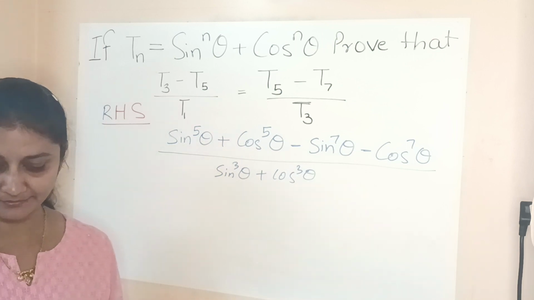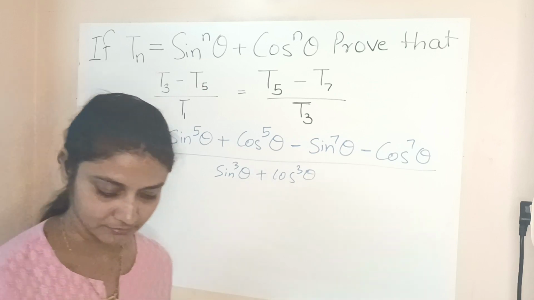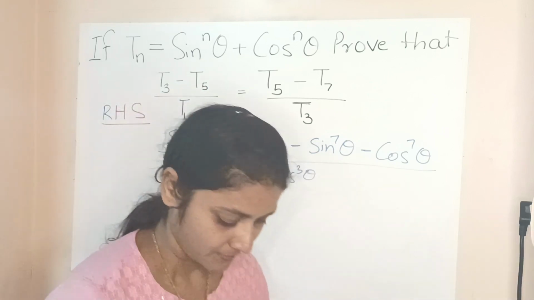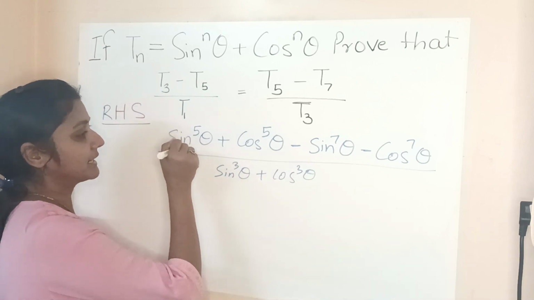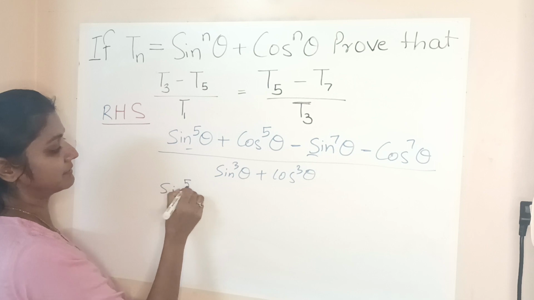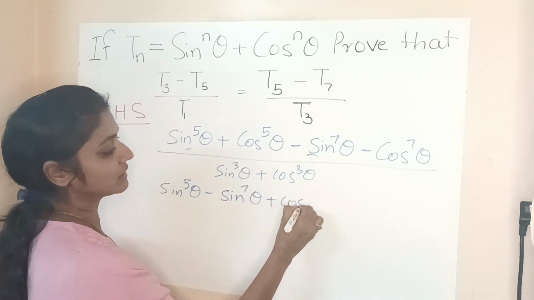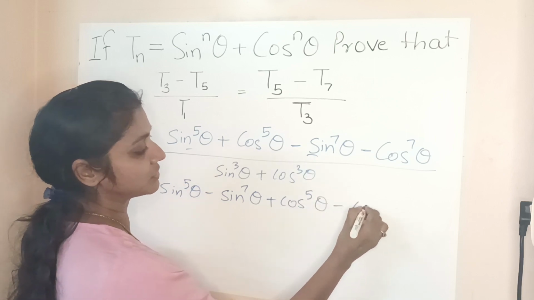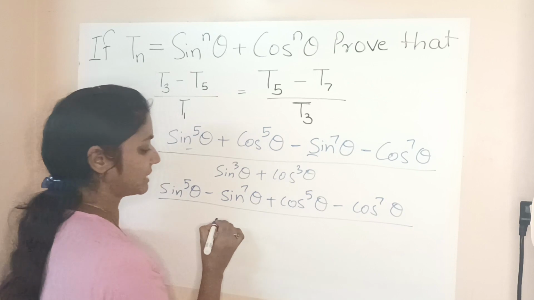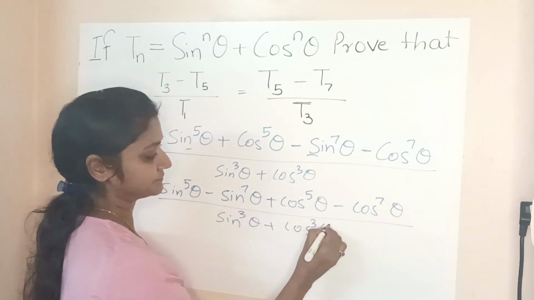Anyone wants to give a try? No? What are we going to do? Write this together. If you write this together, you get sin to the power 5 minus sin to the power 7 theta plus cos to the power 5 theta minus cos to the power 7 theta. Yes or no? Whole thing by sin cube theta plus cos cube theta.